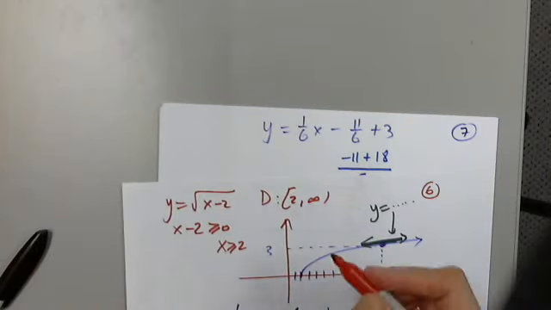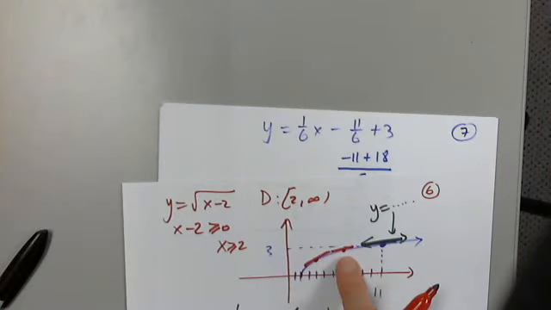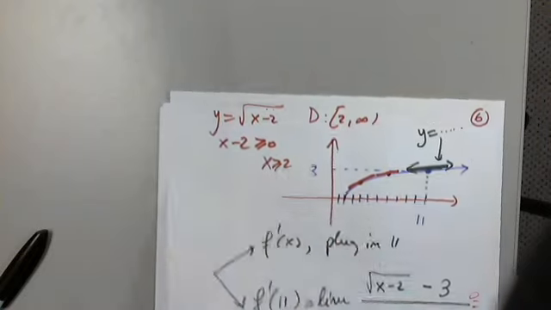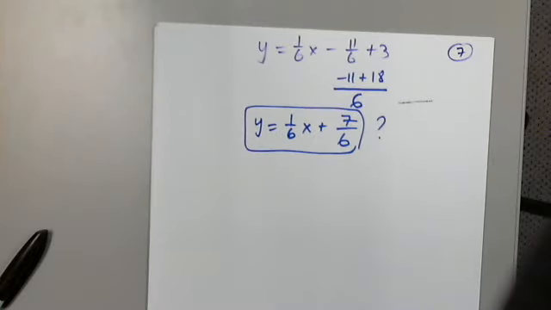Right, because if I move the point here, it's going to be a different slope and a different equation. Is that clear? Yes? Questions? Good. Any questions? Moving on? Yes?